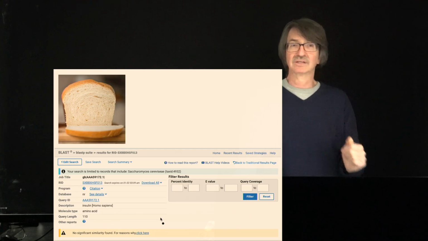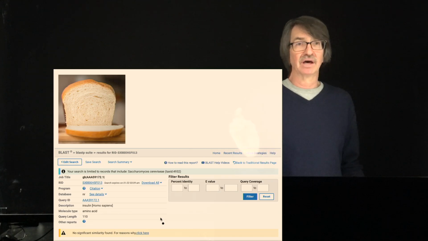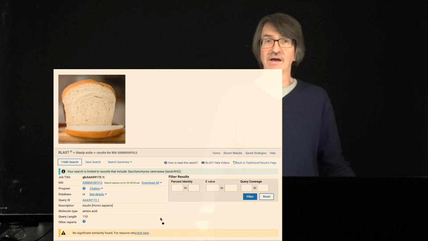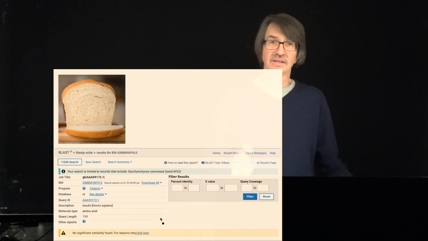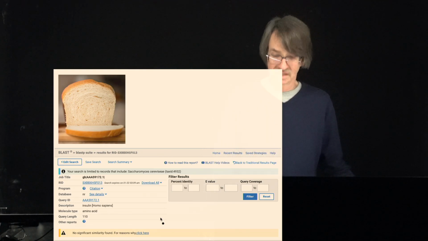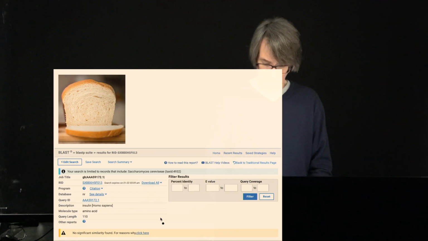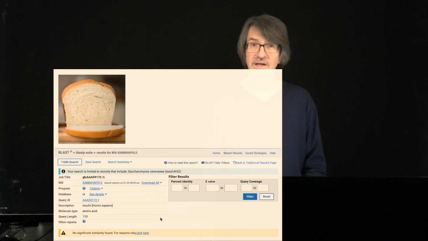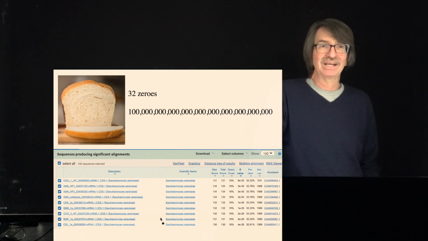The protein I picked is called CDC25, and I found the human CDC25 protein sequence on the NCBI website. I plugged that into BLAST, and I asked it to compare it with all the genes in Saccharomyces cerevisiae, which is the genus and species of the yeast that causes bread to rise. And it says, yeah, there's a match.